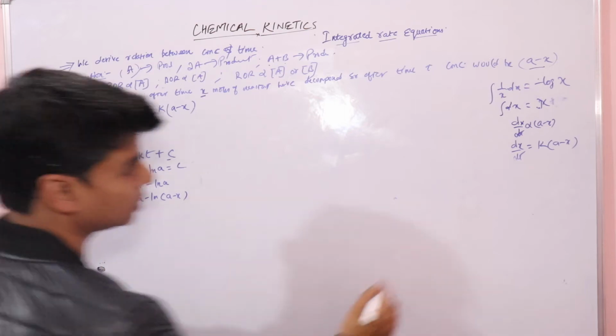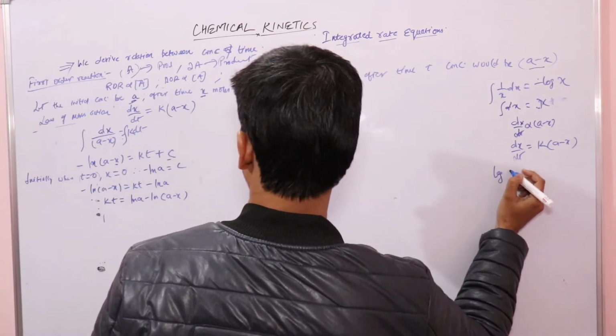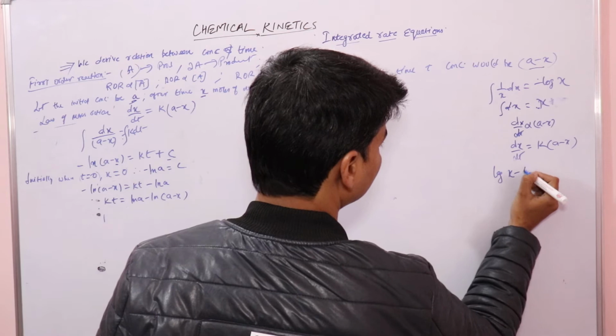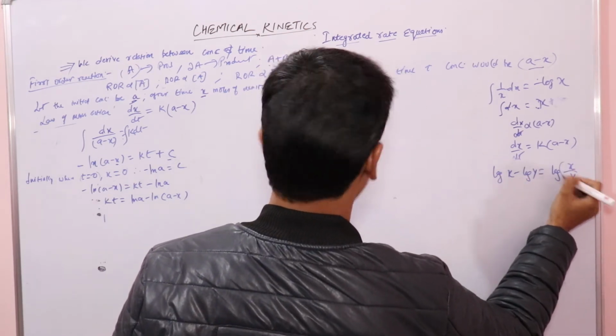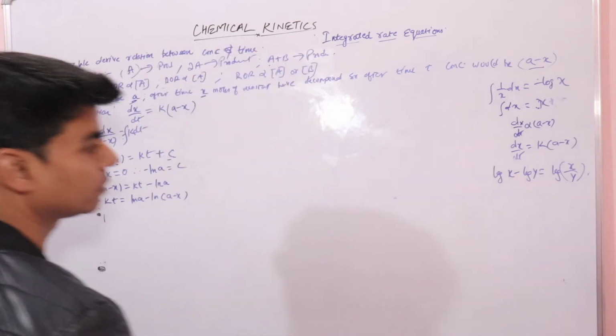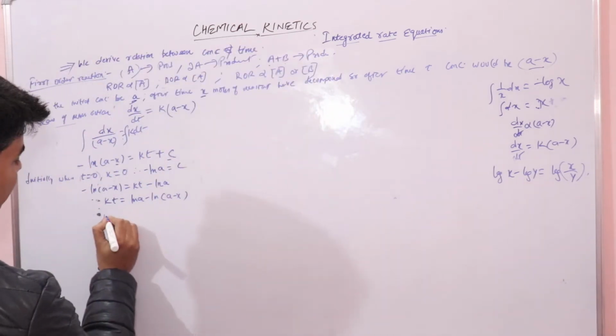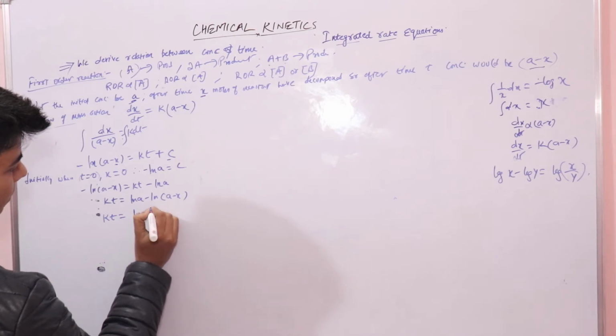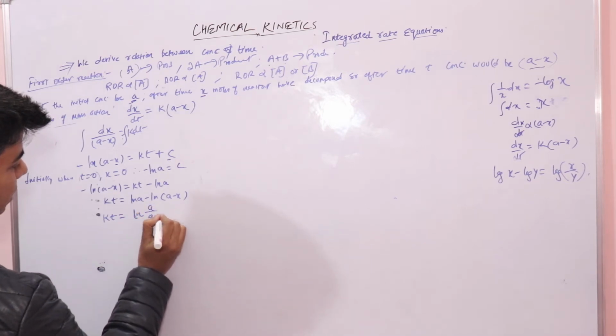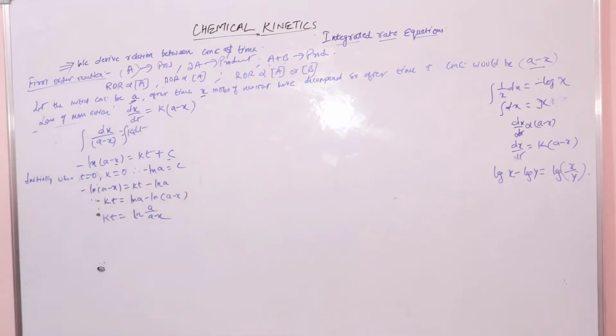And we know that this is the formula I'll be using again: log X minus log Y is equal to log X upon Y. So here KT is equal to natural logarithm A upon A minus X, right?